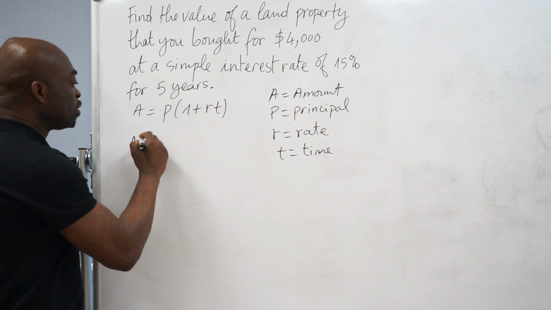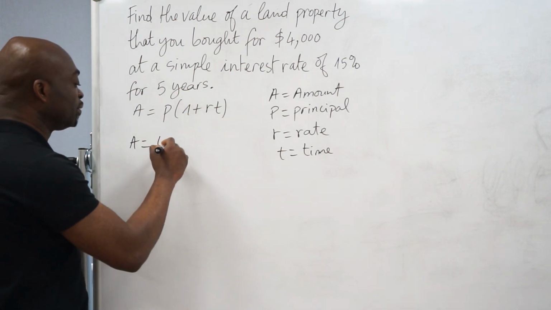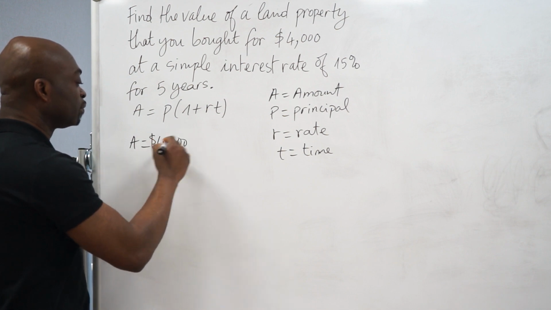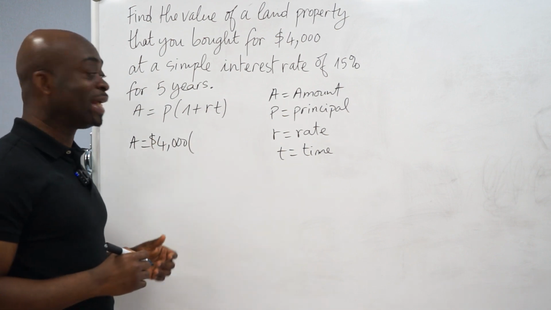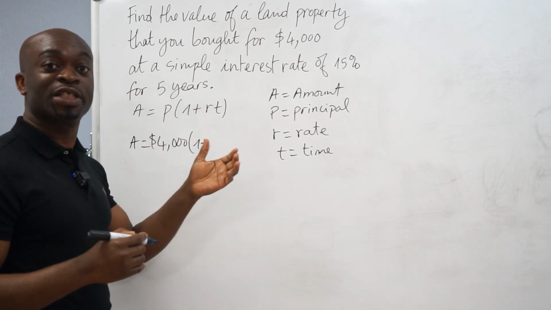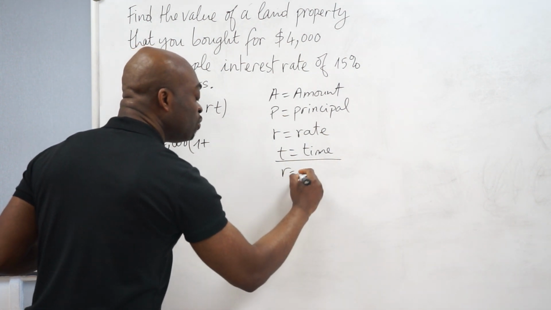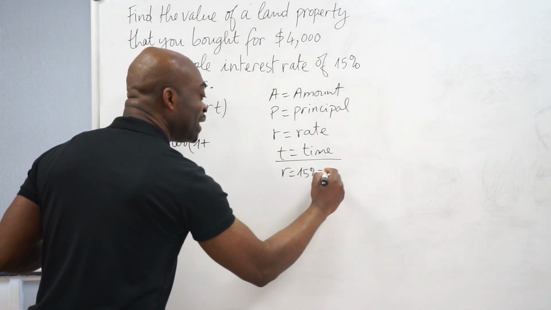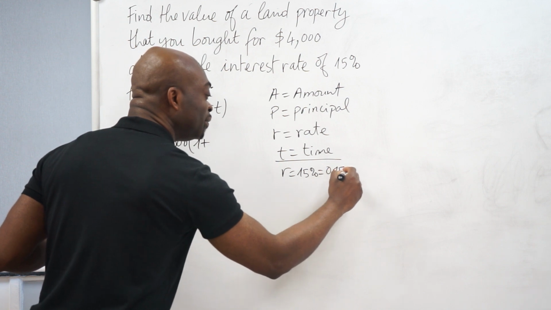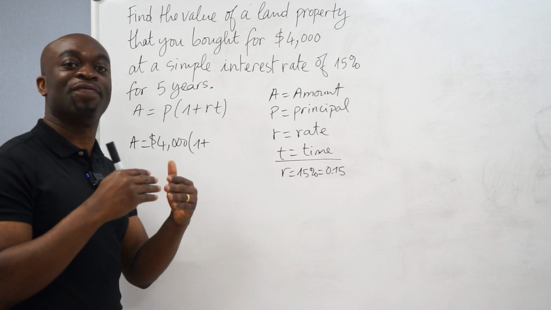So A is going to be equal to what? What is our P here? Our P here is $4,000. And then we're multiplying that by 1 plus R, which is the rate. The rate is 15%. So what can we do with the rate here? With the rate, which is 15%, we can get it to be 0.15, because 15% means per cent, that means divided by 100.